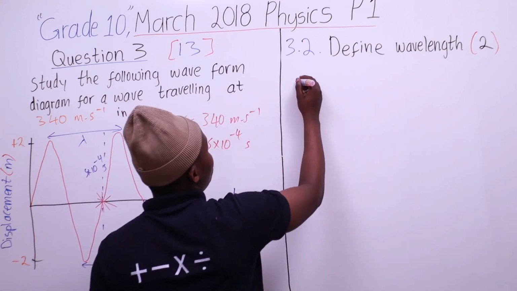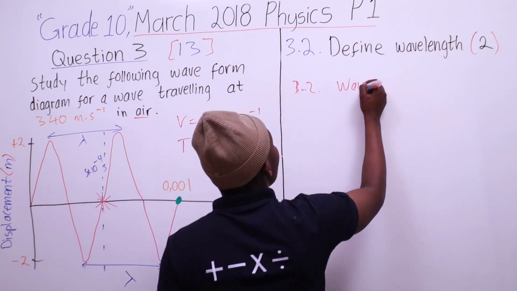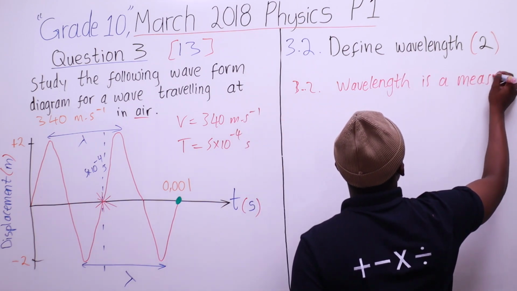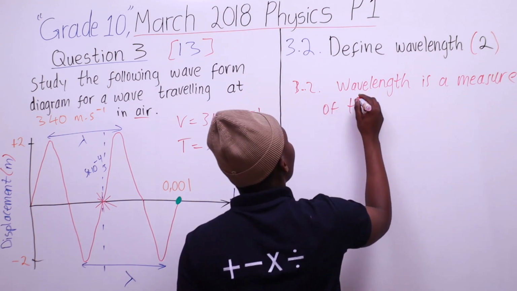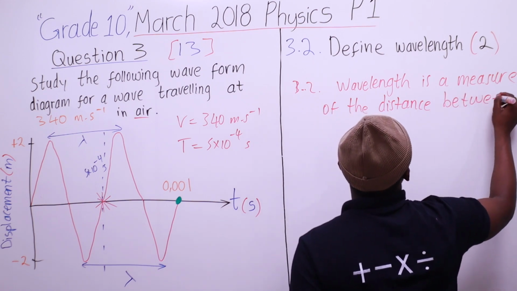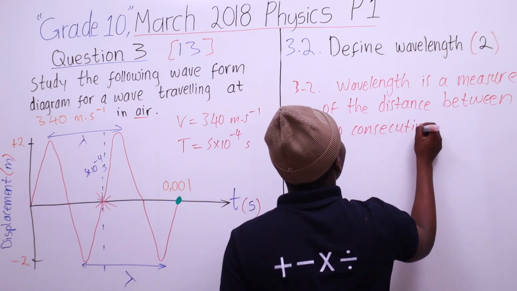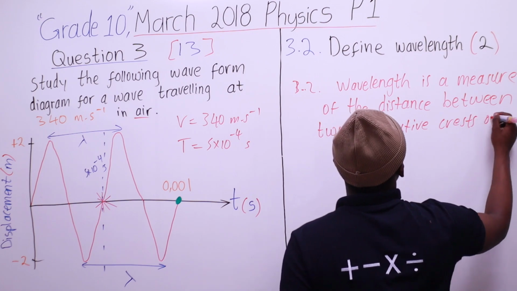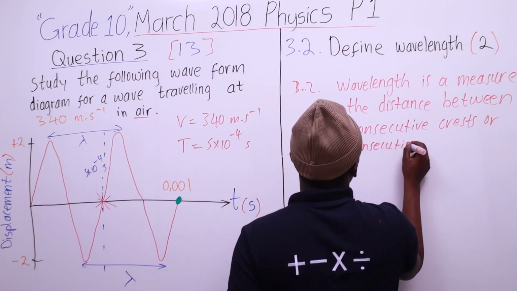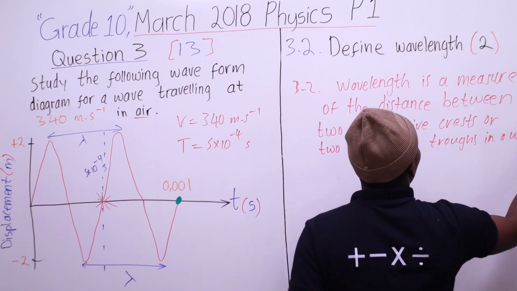But so sichaze nini? Sibhala ngokubomvu. So the first one is also 3.2 wavelength is a measure of the distance between two consecutive crests or two consecutive troughs in a wave.